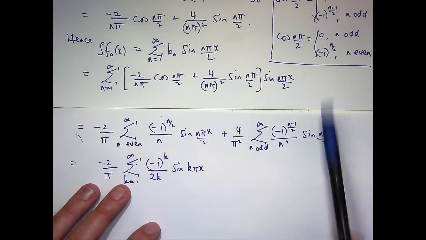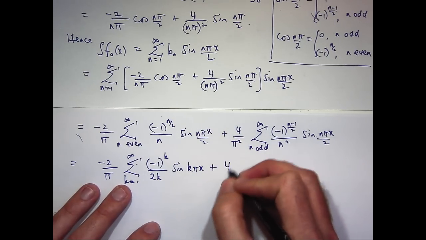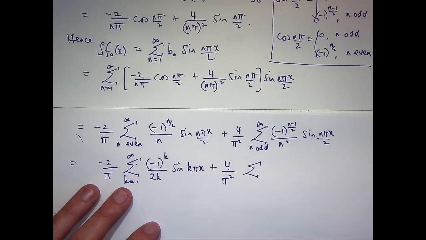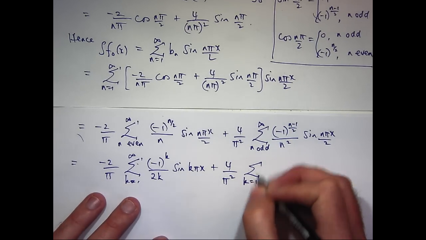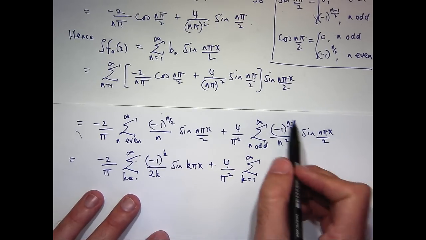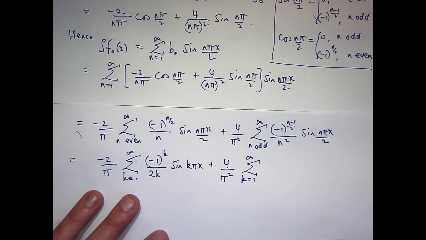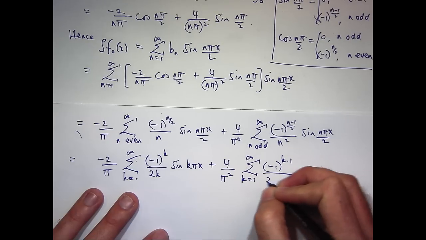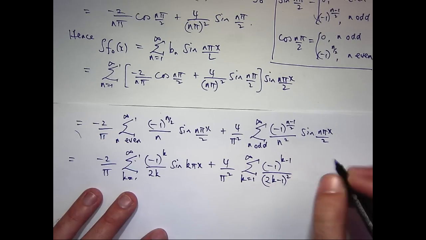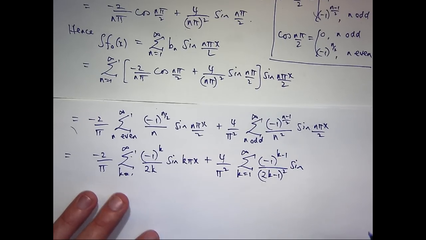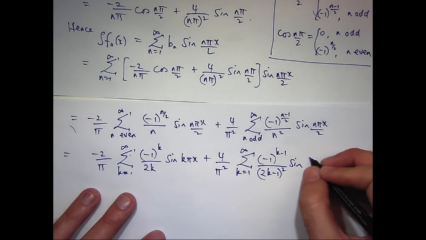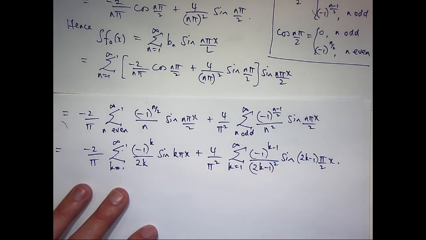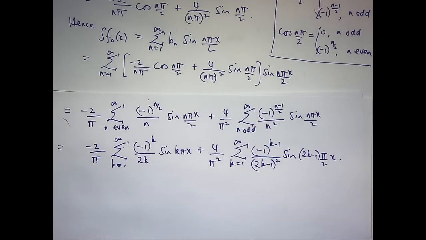And in this one, because we're only interested in the odd values, we would replace n with 2k minus 1 and just sum from k equals 1, 2, 3, etc. Now 2k minus 1 up here is going to simplify a little bit, and we'll get the following. Okay, we got there.